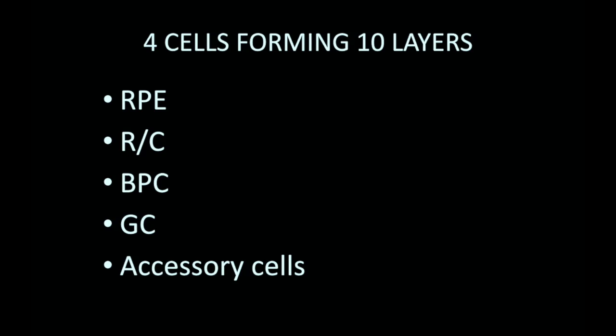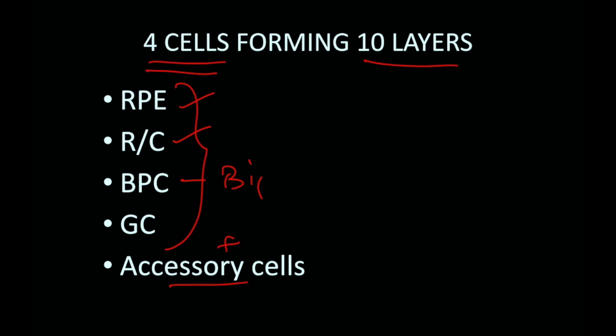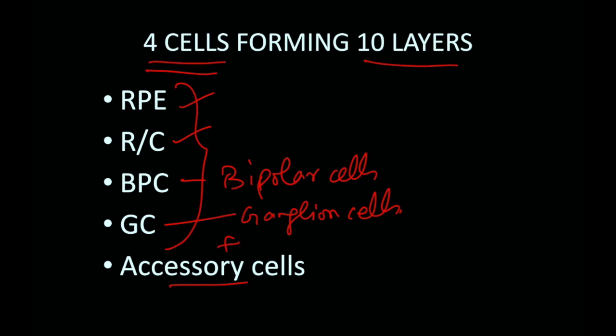I would say the 4 key cells with some helping cells form the 10 layers. So what are those 4 important cells? The retinal pigmentary epithelium, the photoreceptors, rods and cones, the bipolar cells, and ganglion cells. We'll take up one by one in detail.